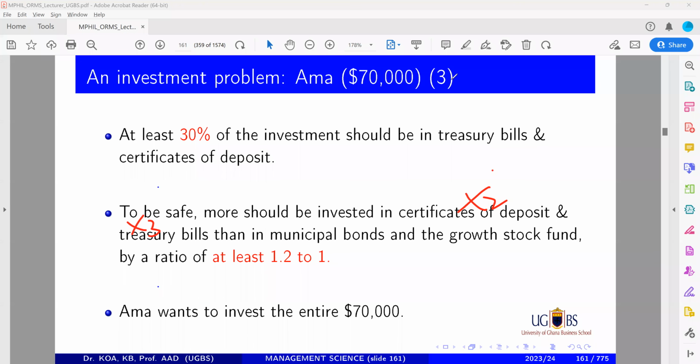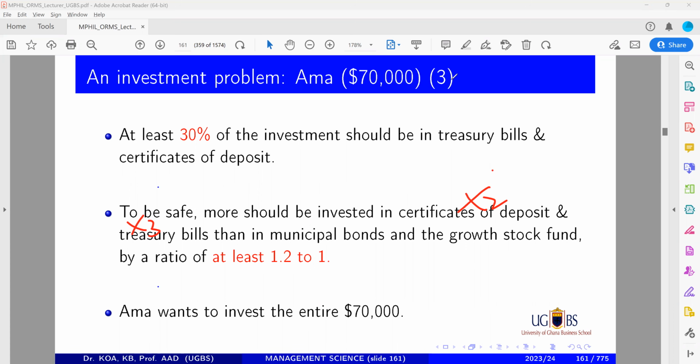So you put it there. It says to be safe, more should be invested in X2 and X3. What does the symbol "and" here mean? Plus. In probability terms this is not really plus, but in this language, it is plus.